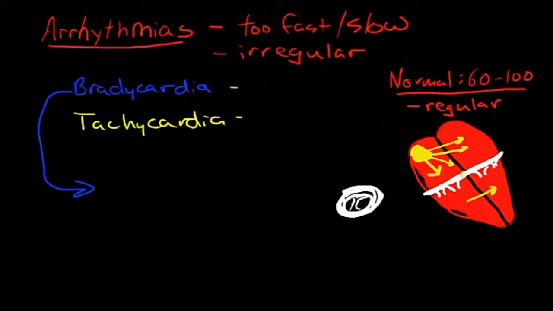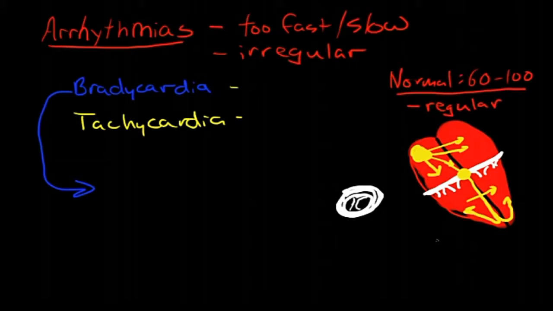Then we have an AV node here, and the AV node is the only pathway in a normal heart in which the action potential can pass from the atria down into the ventricles. The AV node actually slows the conduction so that there is a delay between atrial contraction and ventricular contraction, but it generally passes it by quite effectively.